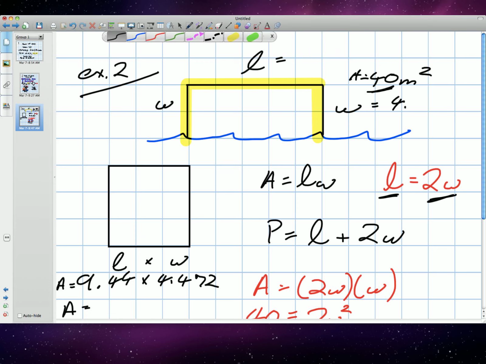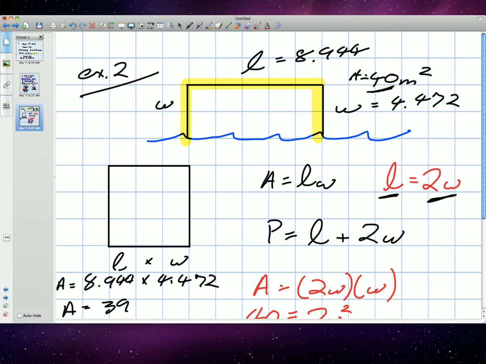It's okay. So we'll switch this length to 8.944. The result is 39.9975. Area becomes 39.9975. So this is fine. This is almost 40, exactly. It's roughly 40 meters squared.